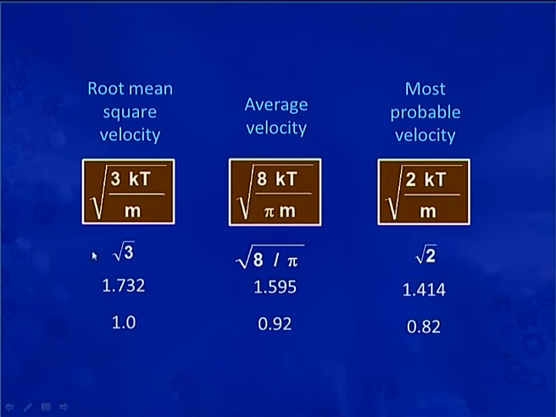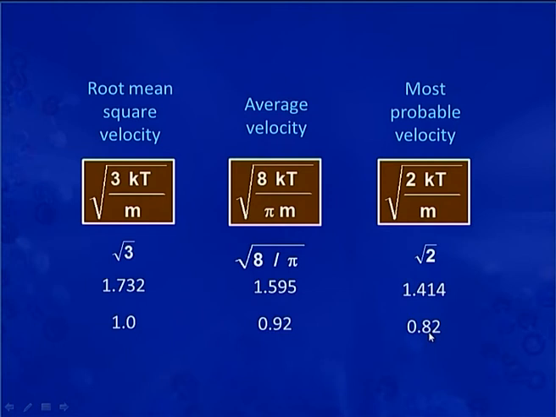The value of root 3 is 1.732, this is 1.595 and the value of root 2 is 1.414. So, the relation between them is that root mean square velocity is equal to 0.92 average velocity or 0.82 most probable velocity.